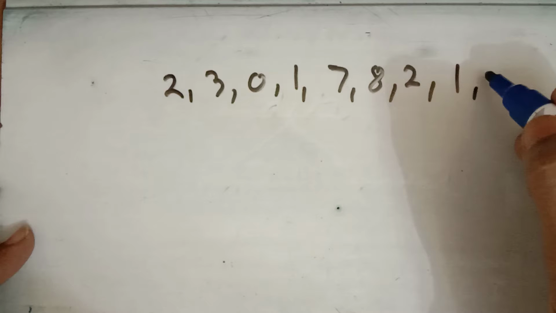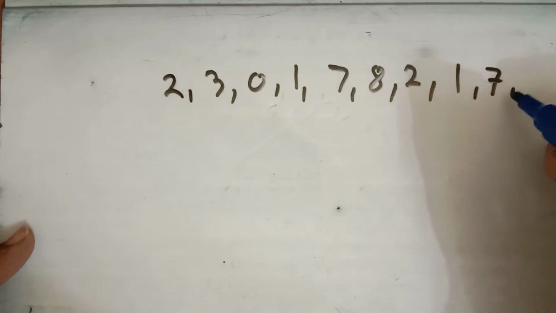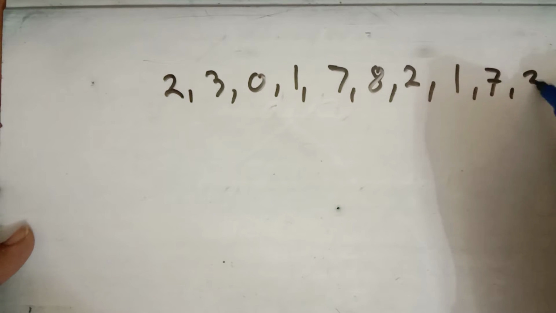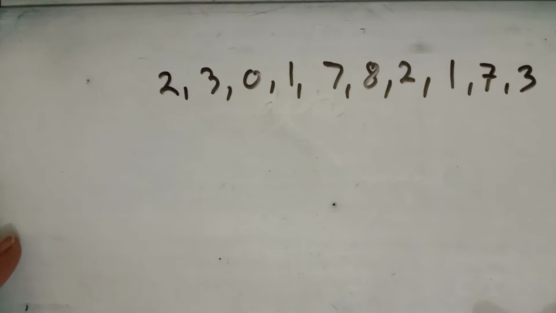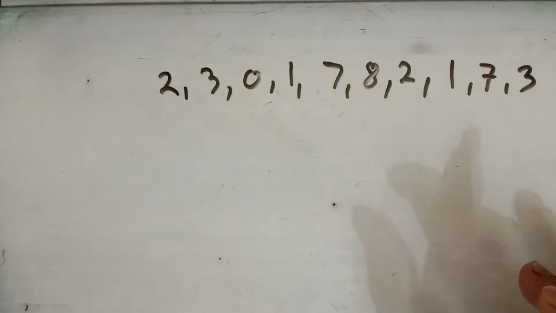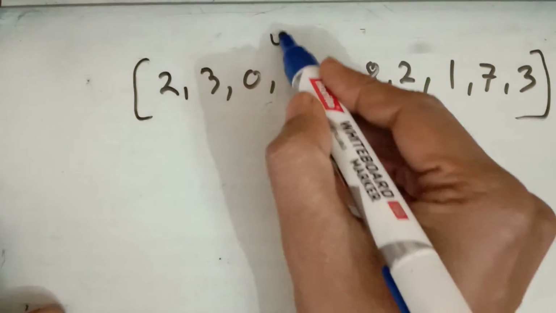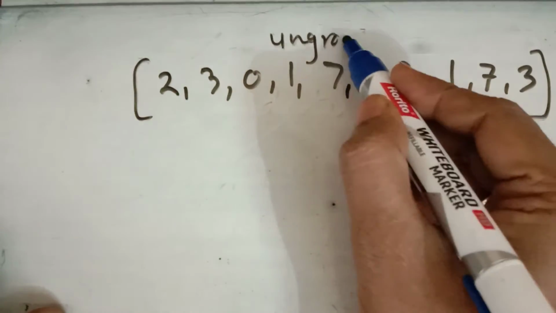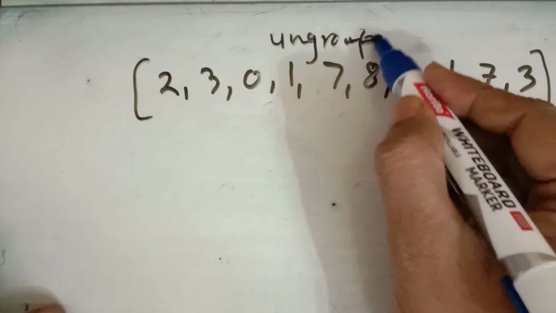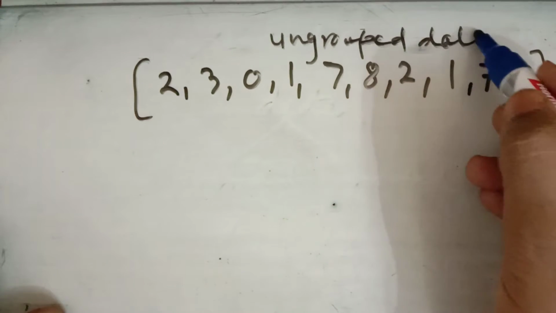Let us say another 7 and 3. Now this is the ungrouped data because the marks of each individual student are given.